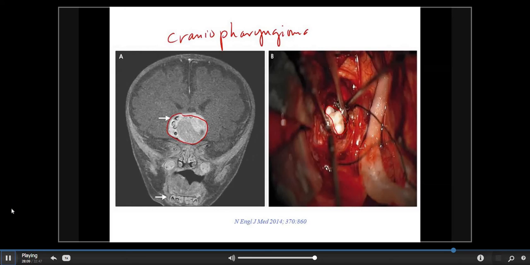What happened here is that this is an abnormal growth of tissue. You can develop hair, teeth-like tissue growing in that part of the brain, and this is an abnormal growth derived from Rathke's pouch.